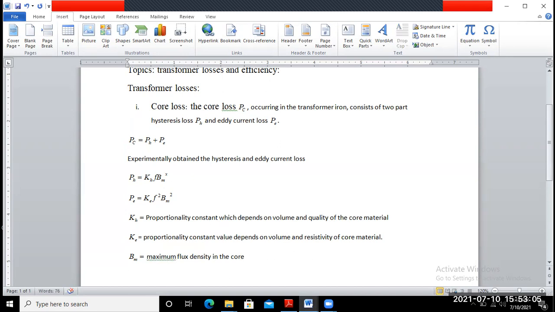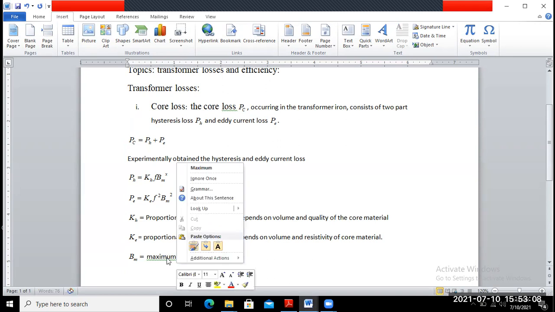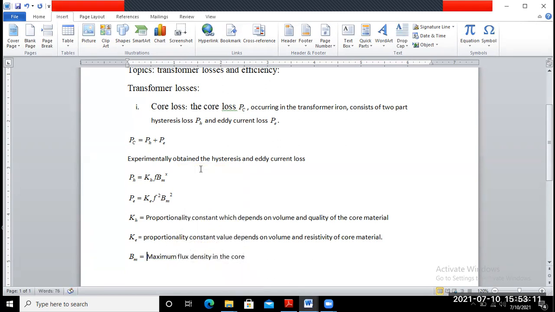And f is the frequency of the alternating flux.